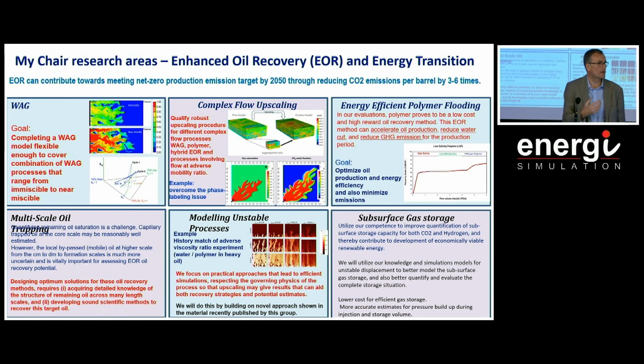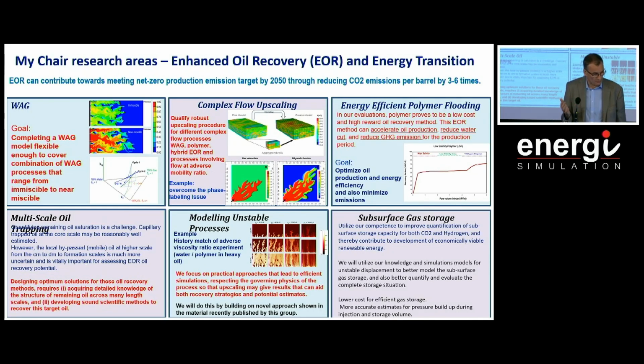There will be effort put into trying to maximize recovery from existing systems. And enhanced methods like polymer flooding, for example, will probably become increasingly used as a mechanism of squeezing out additional oil from existing assets, whilst trying to make them more effective, more efficient economically, but also from an emissions perspective.